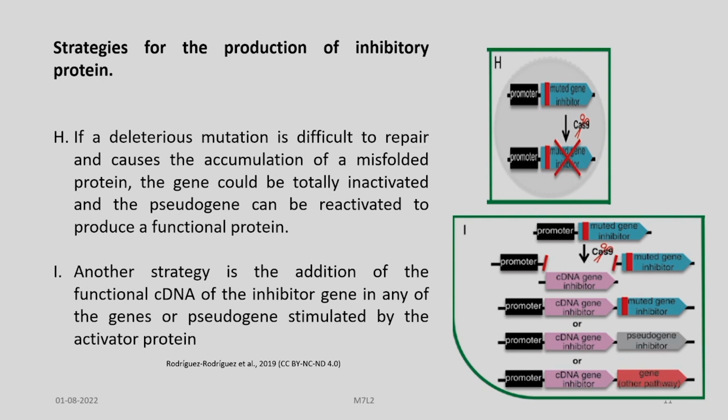For example, if a deleterious mutation is difficult to repair and causes the accumulation of a misfolded protein, the gene could be totally inactivated and the pseudogene can be reactivated to produce a functional protein. In yet another strategy, the addition of the functional cDNA of the inhibitor gene in any of the genes or pseudogenes stimulated by the activator protein is undertaken, and shown in this picture.